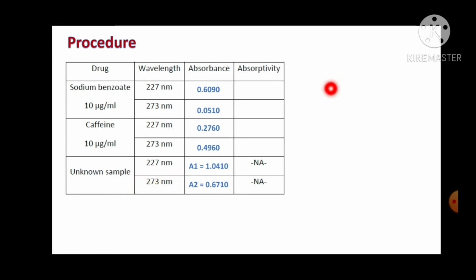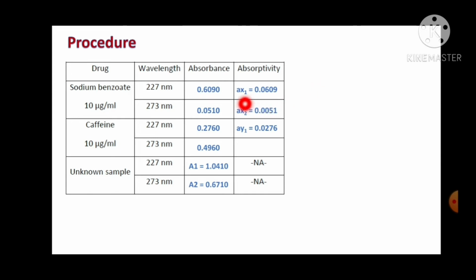Now as we know, sodium benzoate and caffeine are the standards because we know what concentration we have prepared. The concentration here was 10 microgram per ml, so we can find out the absorptivity. We have calculated the absorptivity and referred to it as AX1.